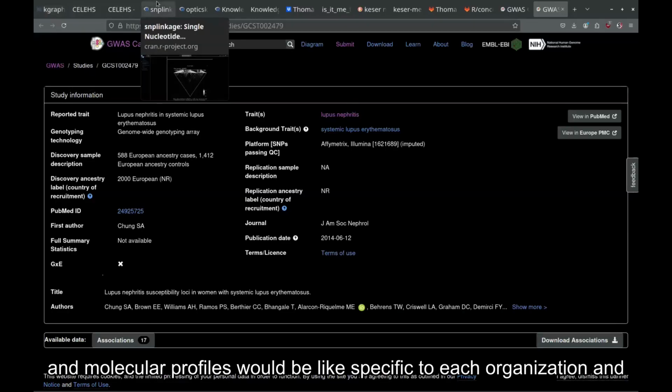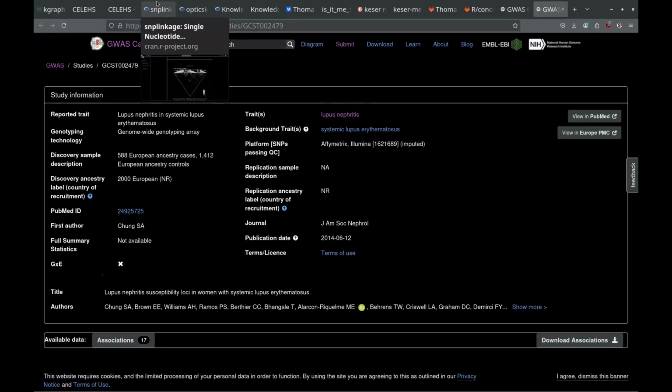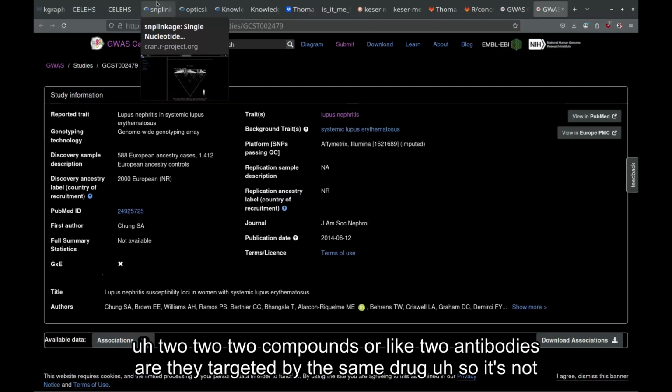And the molecular profiles would be specific to each organization. It could be, for example, the affinity between two compounds, or two antibodies, are they targeted by the same drug?